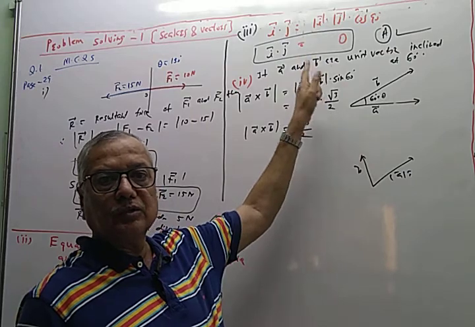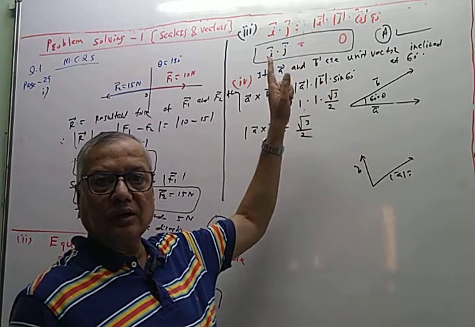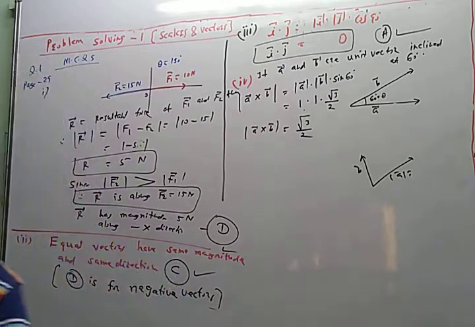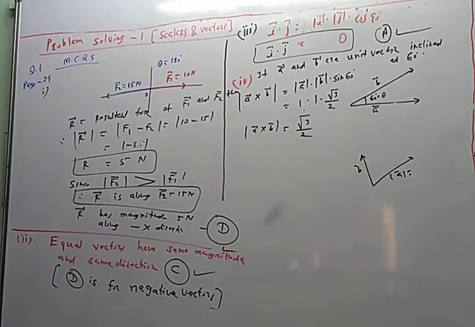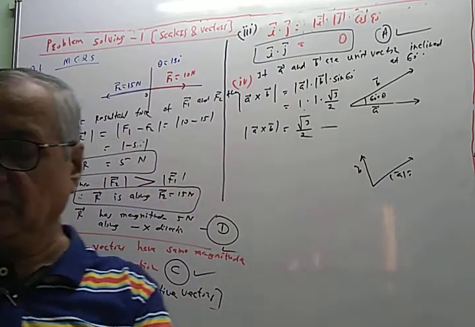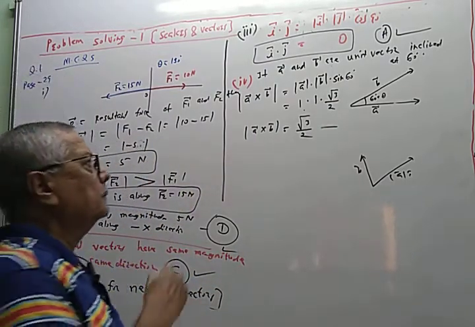So we always use the smaller angle between the two vectors for vector product. So the correct answer is root 3 by 2, and root 3 by 2 means the correct choice is D.